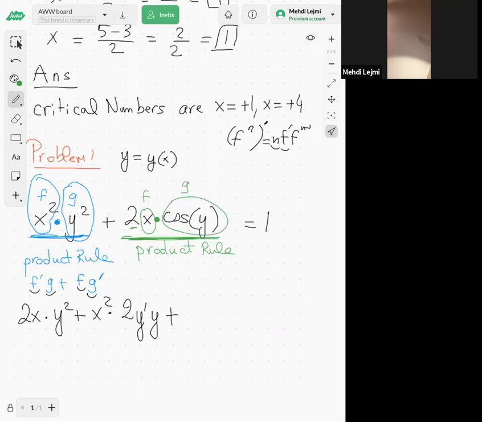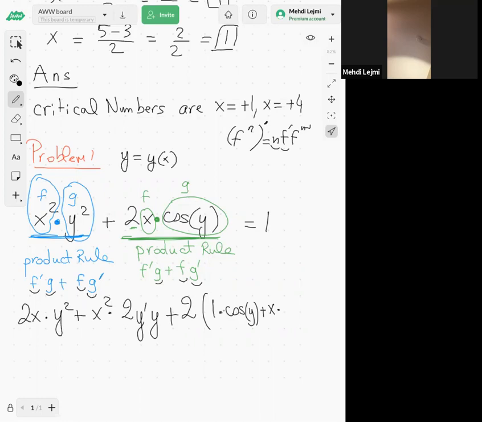So we need f prime g plus f g prime. So I have this constant 2, so plus 2 times f prime. What's f prime? f is x, the derivative of x is 1. So it's 1 times g, g is cosine of y, plus f, which is x, times g prime.